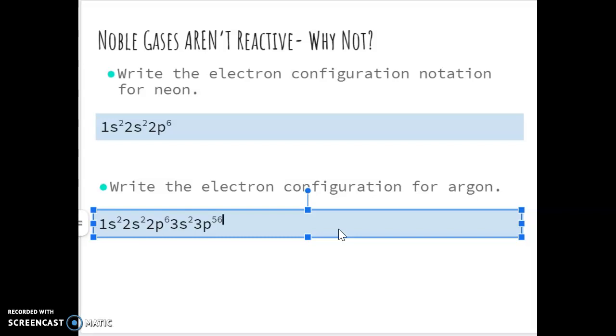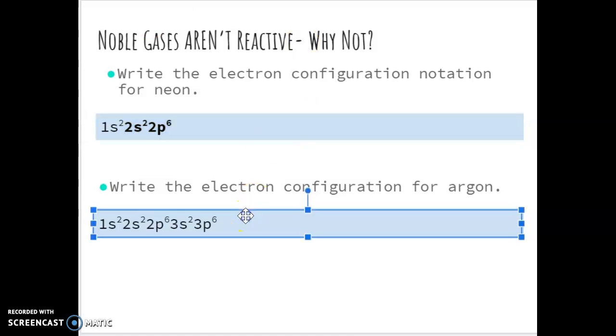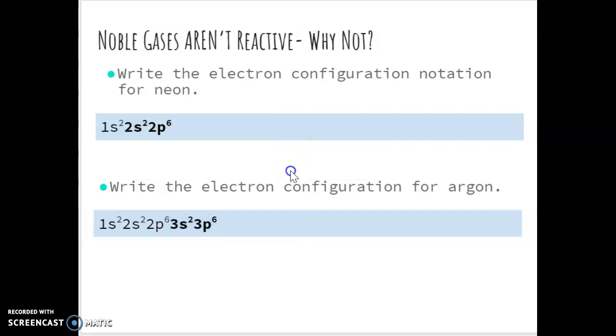It's just one period underneath neon. So looking at these, let's look at their outermost energy shell. Look at energy level 2 for neon, energy level 3 for argon, that's our last ring where the electrons are. Look at how many electrons are in both of these.